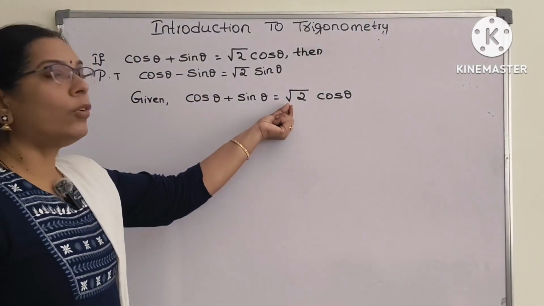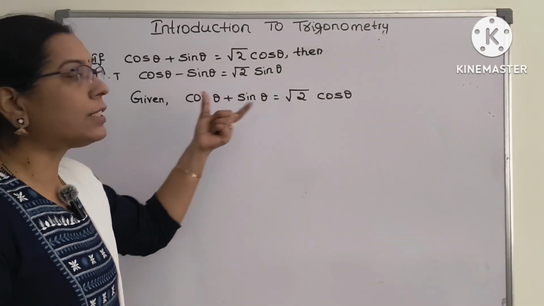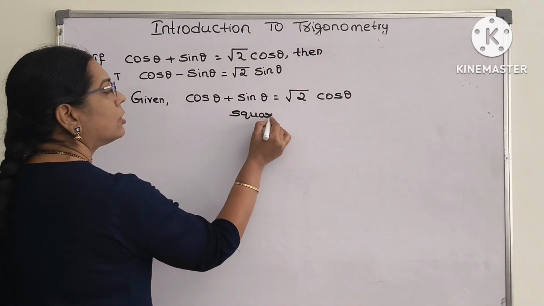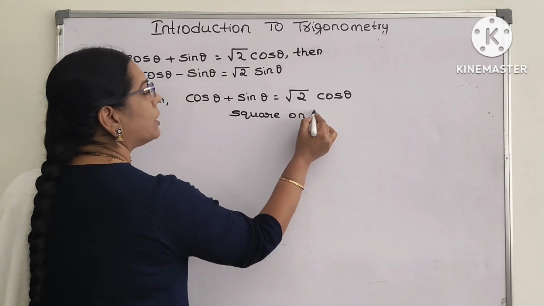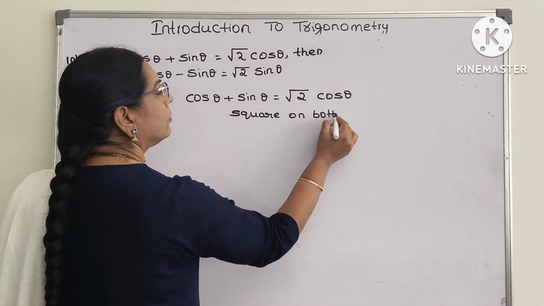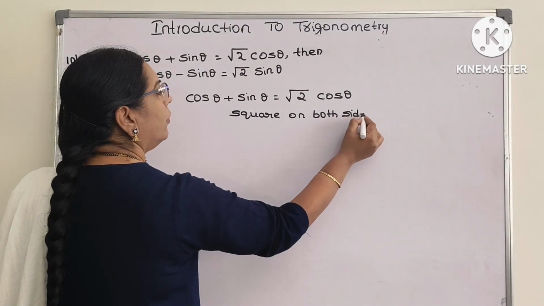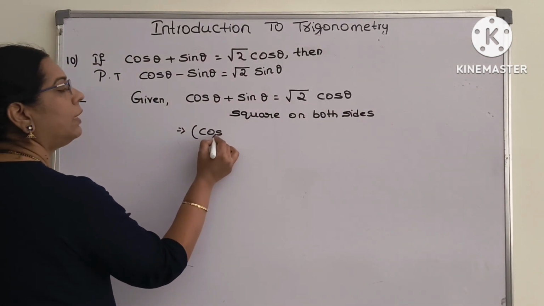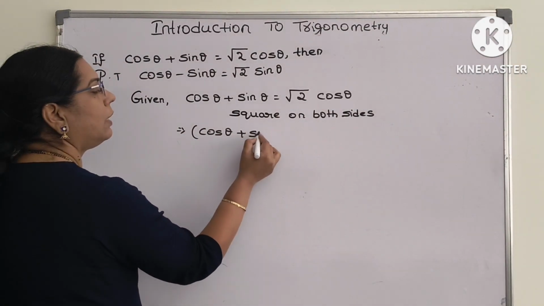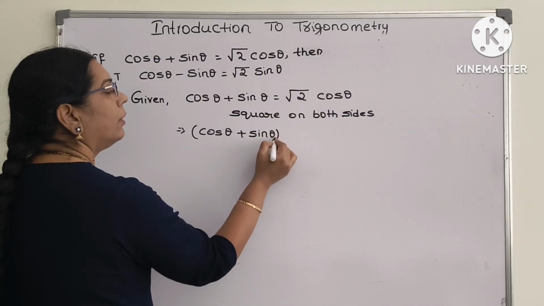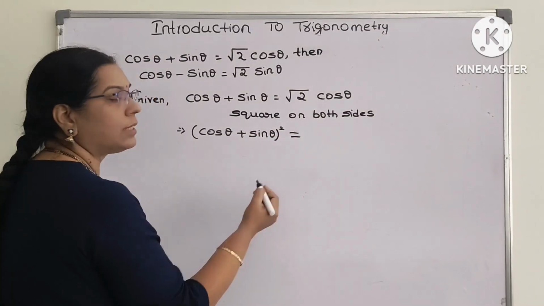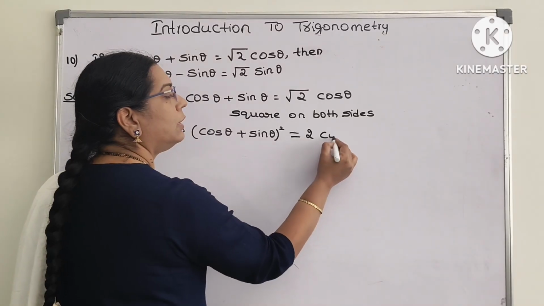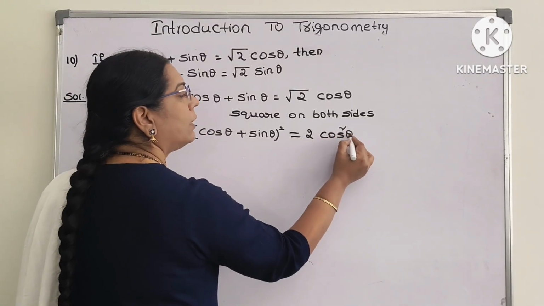Now, we do not want roots. What will we do? We will square it on both the sides. When you square on both sides, this will become cos theta plus sin theta whole square, which is equal to, when you square, root 2 will become 2, cos theta will become cos square theta.